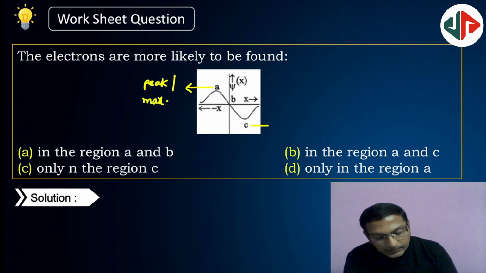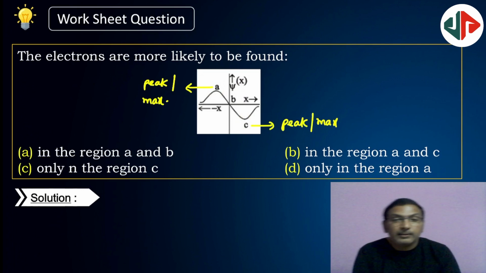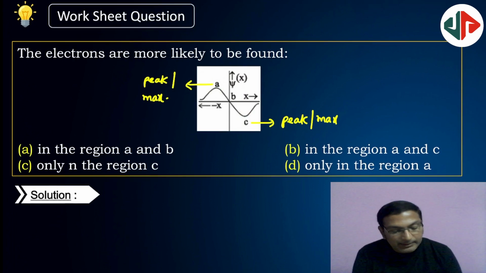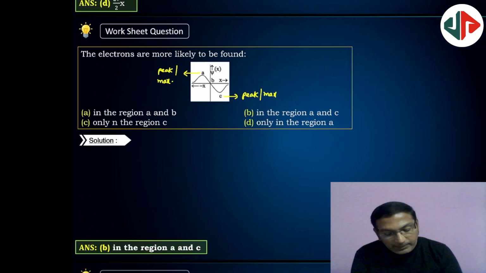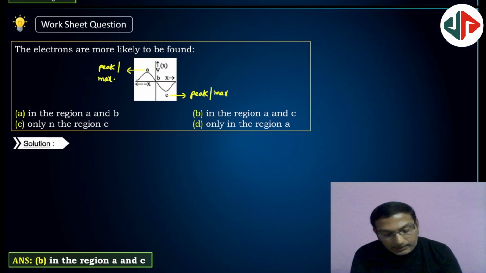Here C also is a peak or maximum. So at peak level there will be maximum probability of finding the electron. Therefore in the given graph we can find the electron at A and C. That means the option will be B.